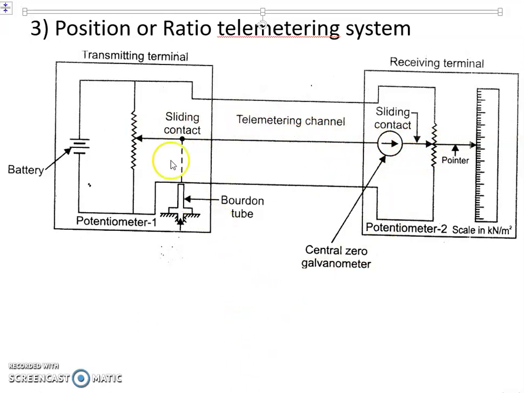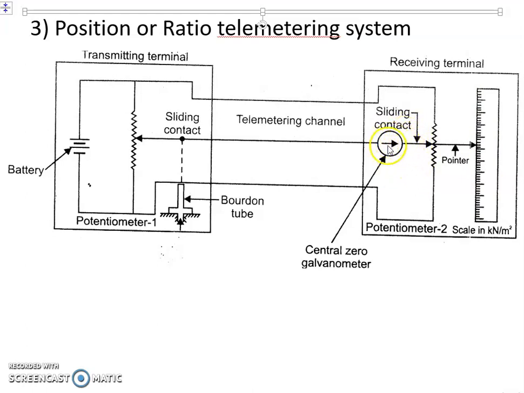So here the transmitting terminal consists of a Bourdon tube, which is used to measure the pressure. It consists of a sliding contact, and a battery is connected across the sliding contact.